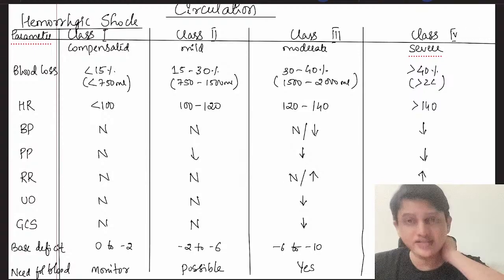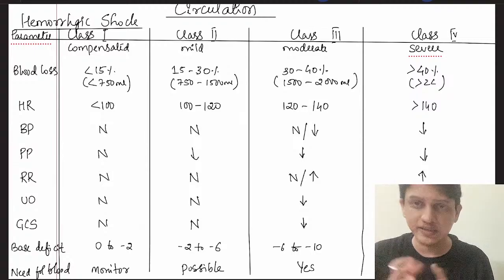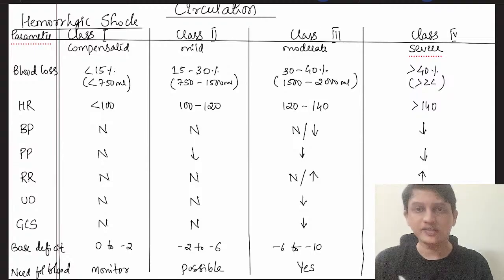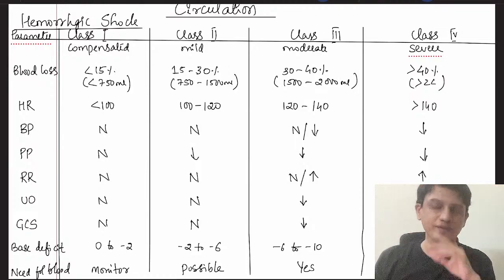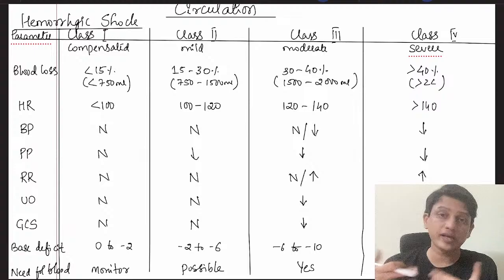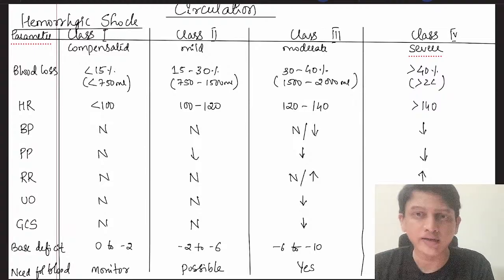Base deficit. In our body there is both acid and base. If the acid goes down, base will be in deficit, and if the base goes down, acid will be in deficit. Normally aerobic respiration is going on in our body because oxygen enters the body, and all the cells metabolize by aerobic metabolism.